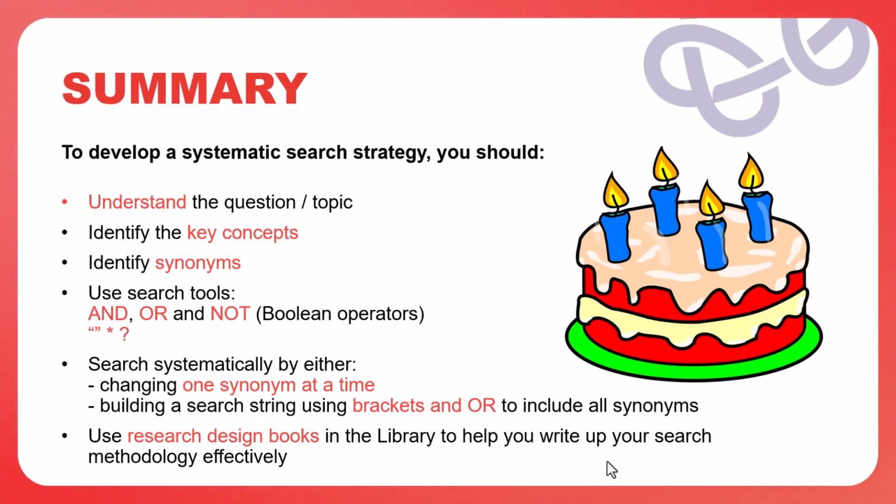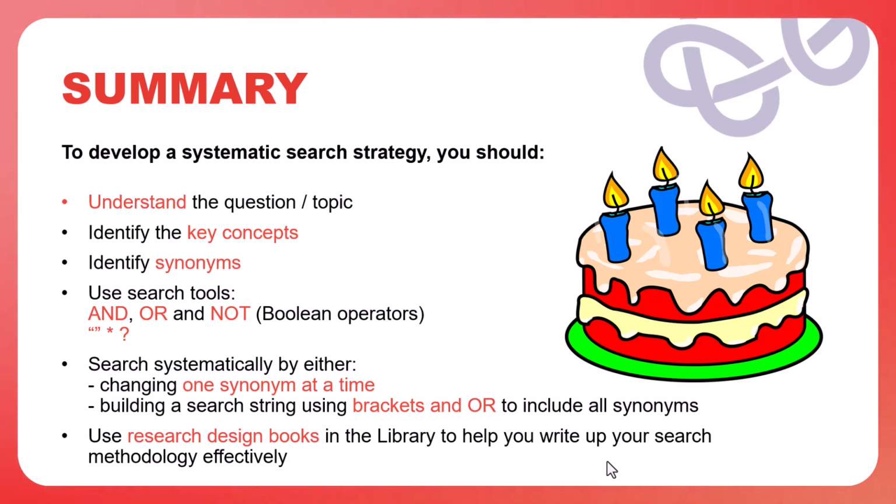In summary, to develop your systematic search strategy, you need to have a good understanding of your question or your topic. You need to identify the key concepts within that topic, and then identify synonyms that relate to each of those concepts. You apply search tools: and, or, and not, the Boolean operators, and speech marks, truncation, and wildcard.